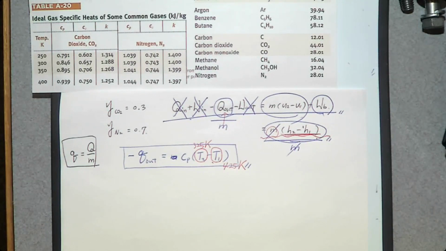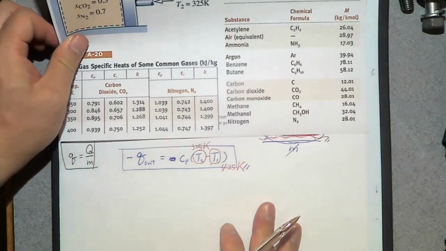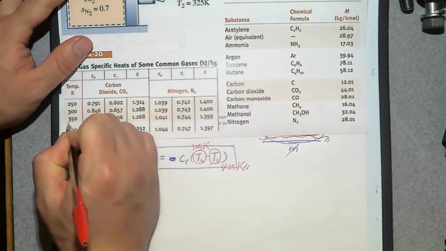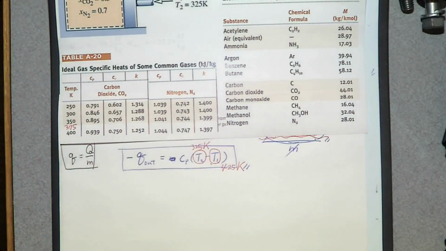Unfortunately, we don't have 375, so we need to do a linear interpolation between these two numbers. Do we know how to do a linear interpolation? Yes, we do, right? Since we already know how to do it, let me give you the value.